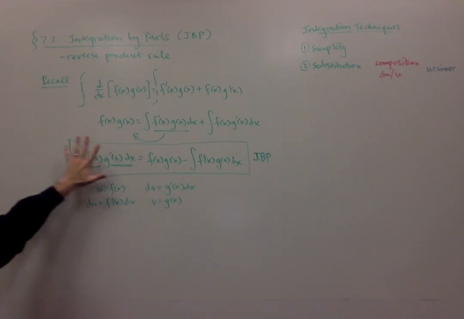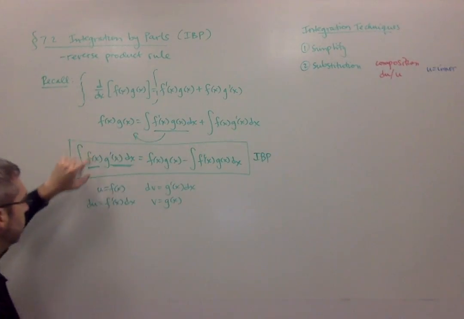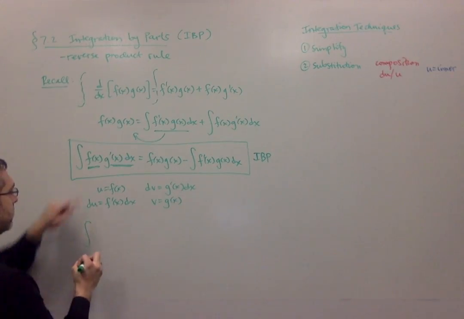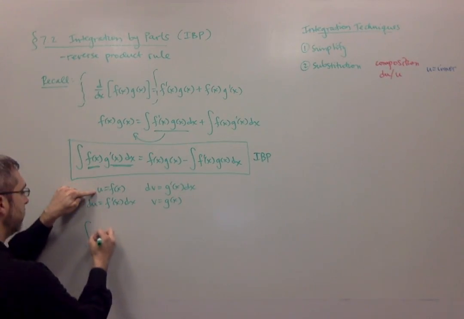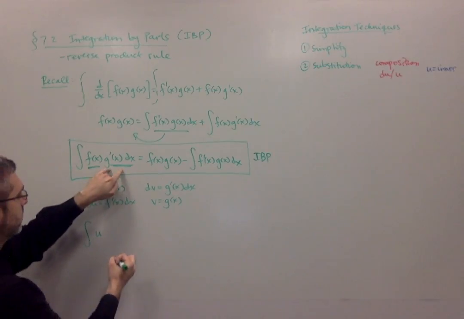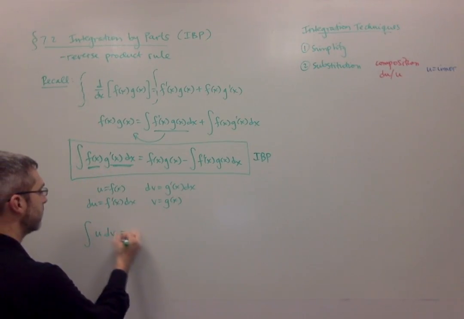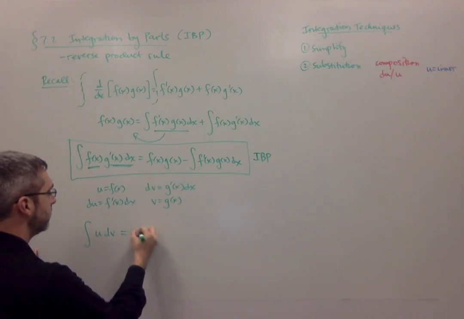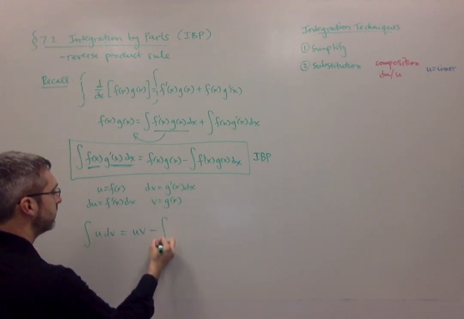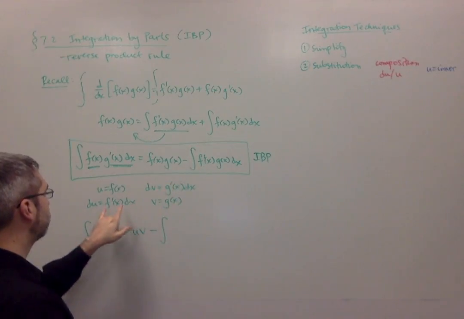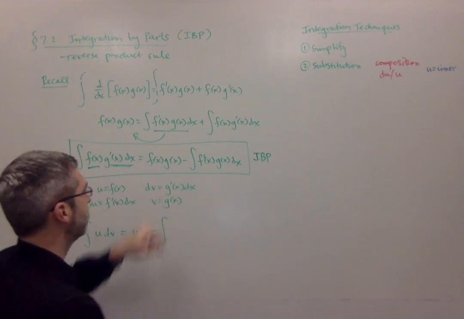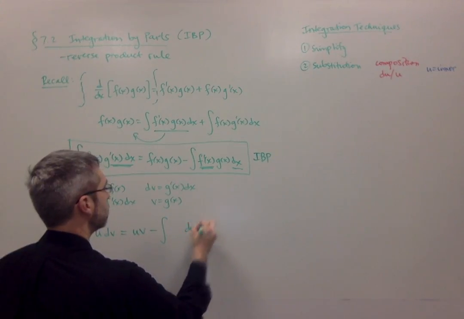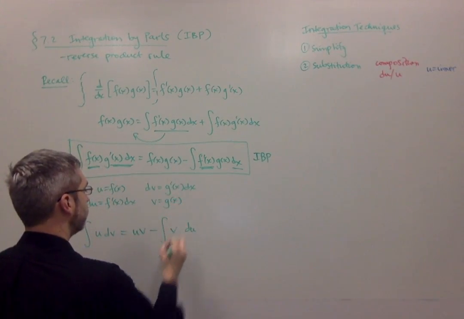So another way to state this equation with u's and v's is that f is u, so the integral of u times dv equals f times g, which is u times v, minus the integral of f prime dx, so this part right here is du, and g is v.